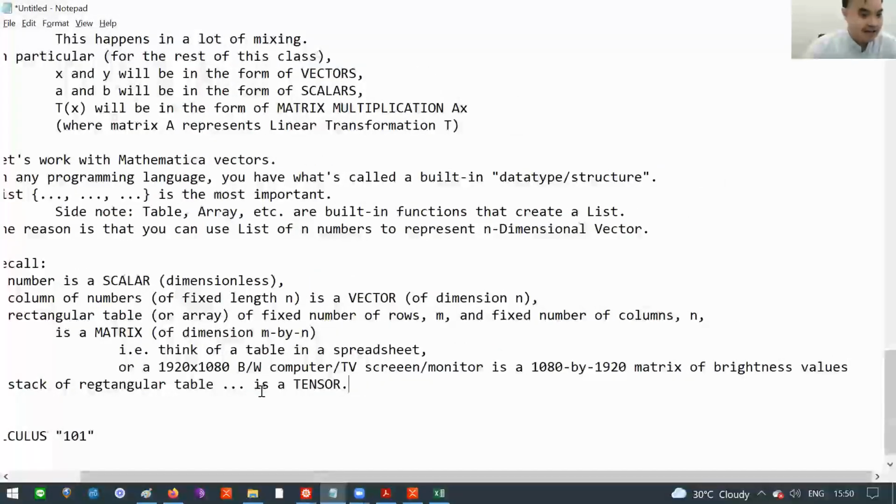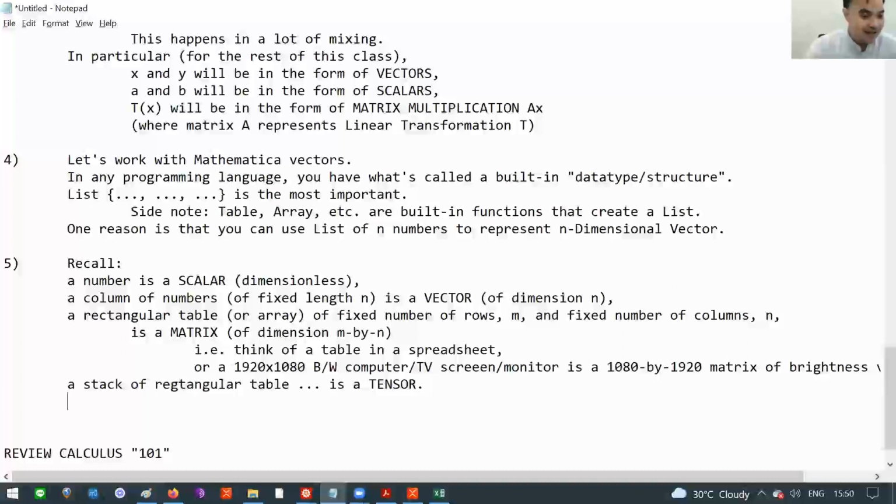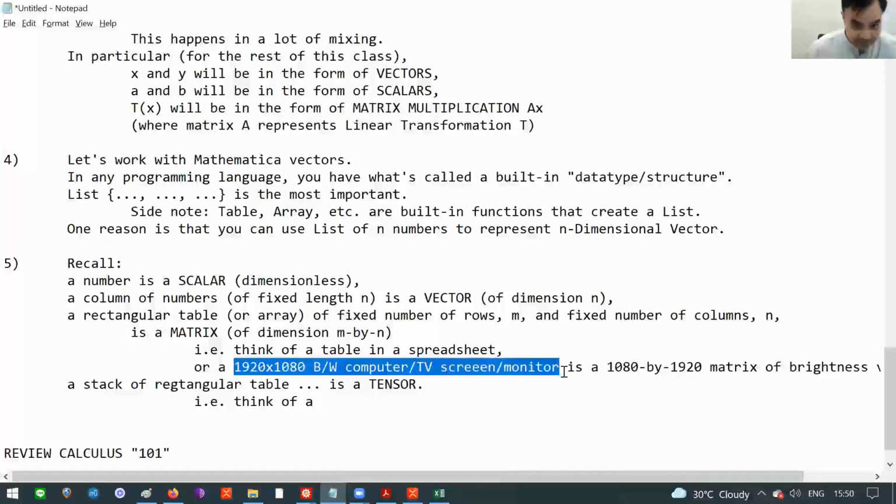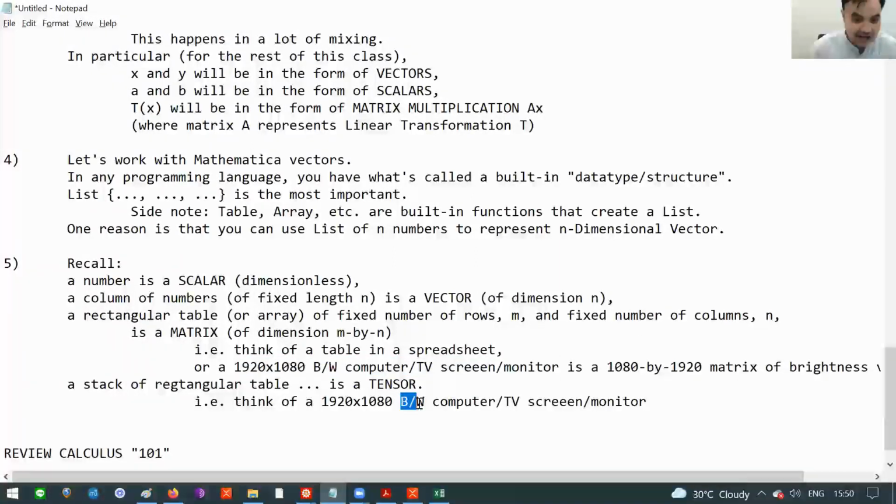Now, a stack of tables, or think of, now we don't call it black and white, right? We call it RGB.